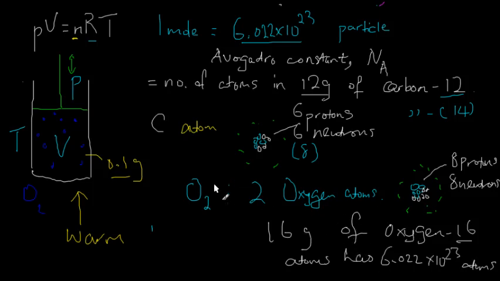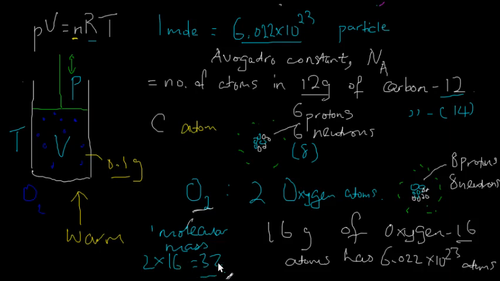Now let's take this idea to the molecule. The O2 molecule has 2 oxygen atoms. If I want to count the molecules, the molecular mass this time would be just the total number of protons and neutrons in there. In one oxygen there are 16 protons and neutrons, so the molecular mass of O2, in units of the weights of protons and neutrons, would be 2 times 16, which is 32.